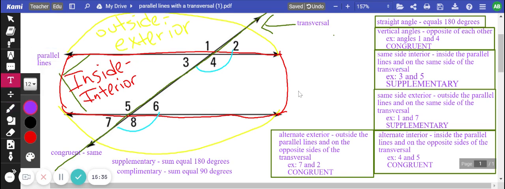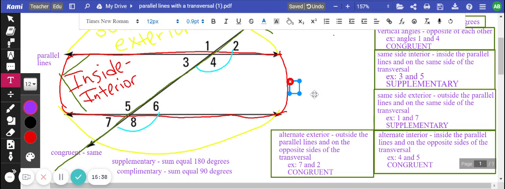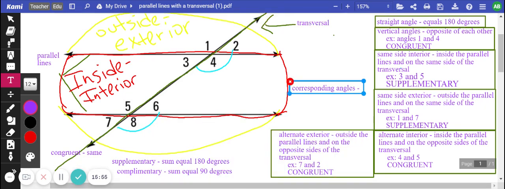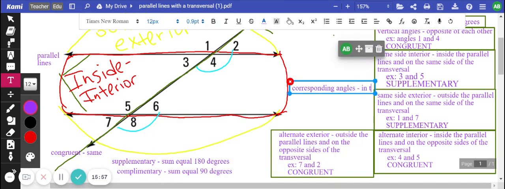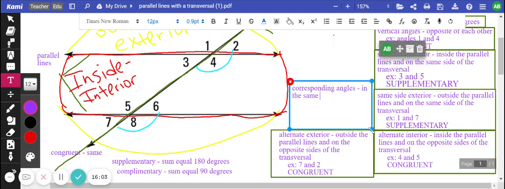So let's write that out. We have corresponding angles. These angles, we can say that they are in the same relative position on the parallel lines.